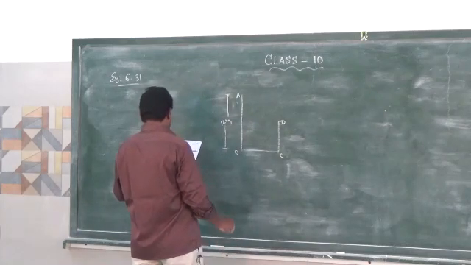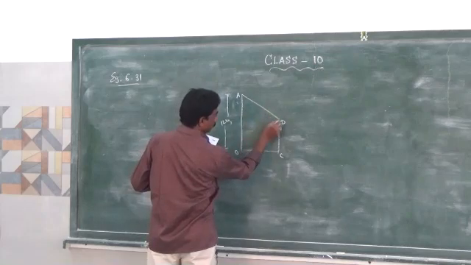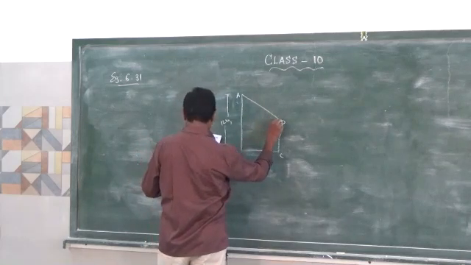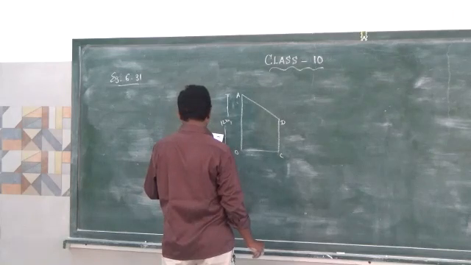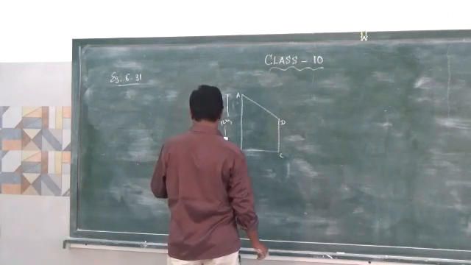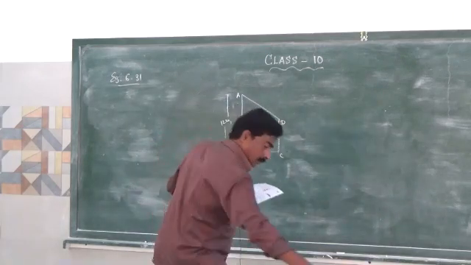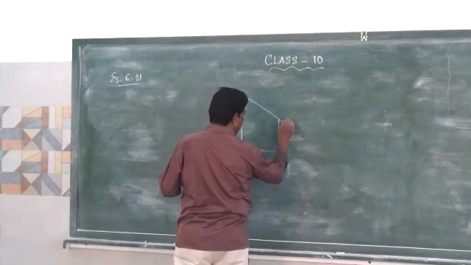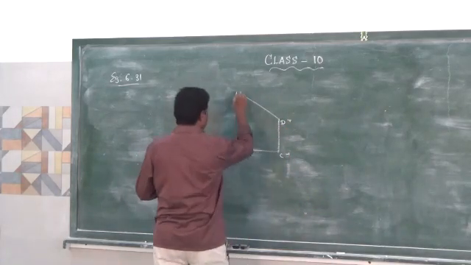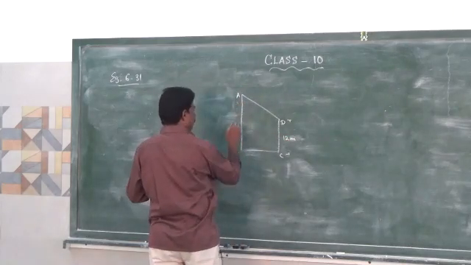The angle of elevation at the top of the cable tower. So see, the building is 12 meter and AB is the cable tower.